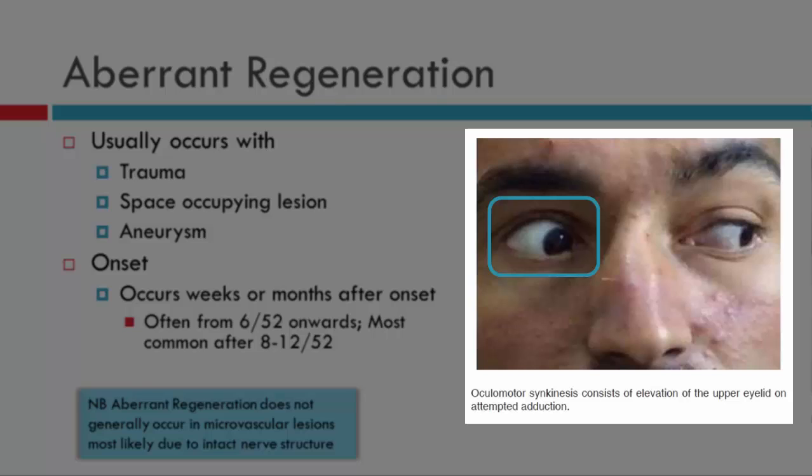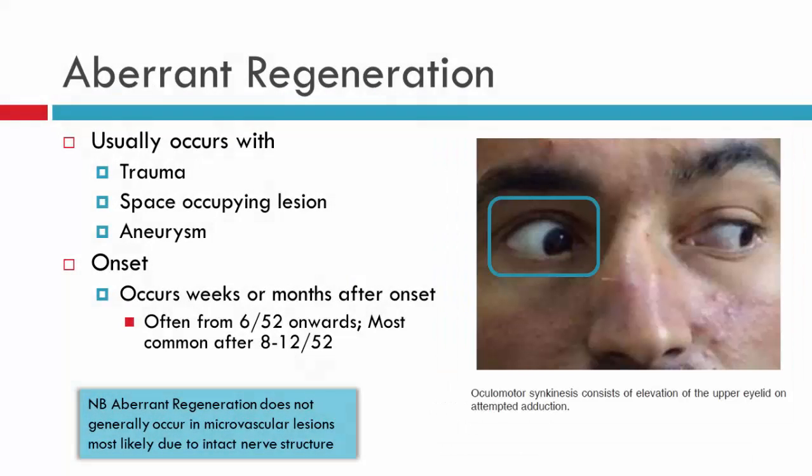And to the right here, I've given you one other patient with aberrant regeneration. In this instance, we have a patient who's looking into left gaze, and we can see that the palpebral fissure of the right eye, which is that which had the third nerve palsy, is now wider on left gaze. So we have oculomotor synkinesis here, where we have elevation of the upper lid whilst attempting to adduct.